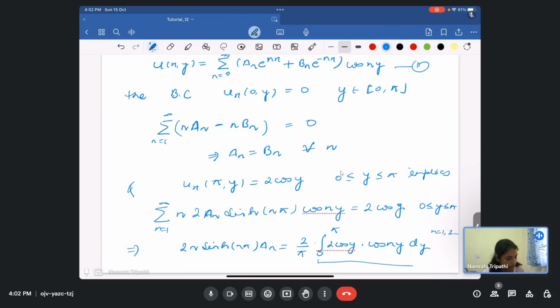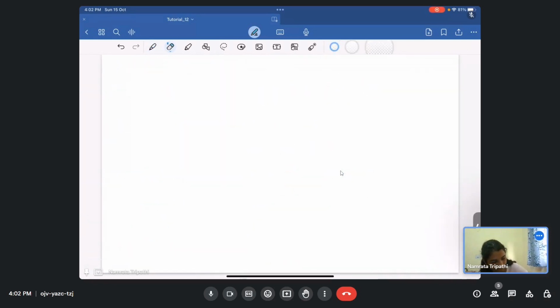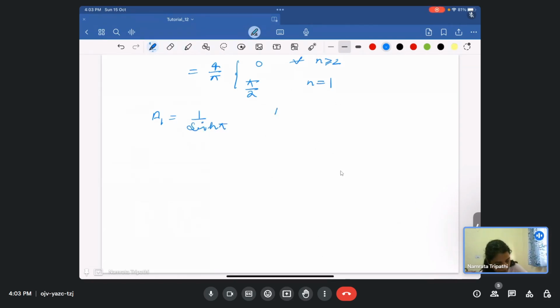The integral gives pi by 2 if n is equal to 1, but for n equal to 2, 3 and so on, the integral value is 0. So I am taking 4 outside, so this is 0 for all, and this is pi by 2 for n equal to 1. So from here we can say a_1 is 1 upon sinh pi, and a_n is 0 for all other n.